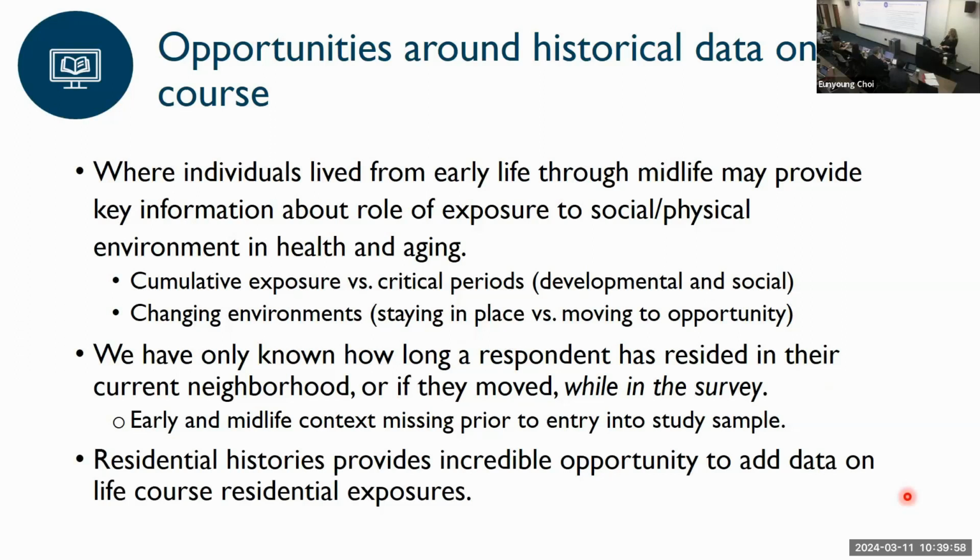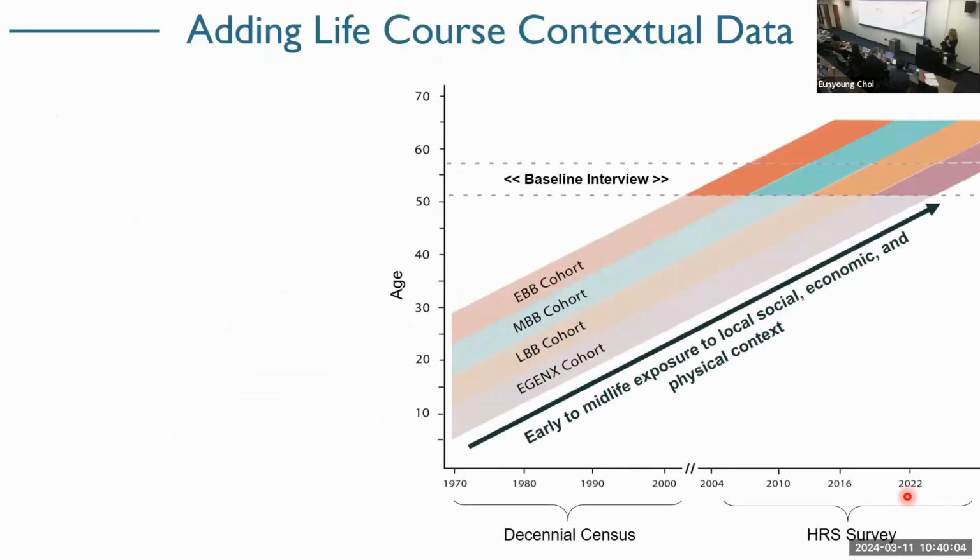I think these are great ideas for future projects and future grant proposals for people to think about. If you take the Health and Retirement Study cohorts, for instance, this is showing the different cohorts. So here's the early baby boomer cohort. You can see in the 1970s, which I said I would work with census data back to the 1970s, we have some pollutant data and temperature data back to the 1970s.